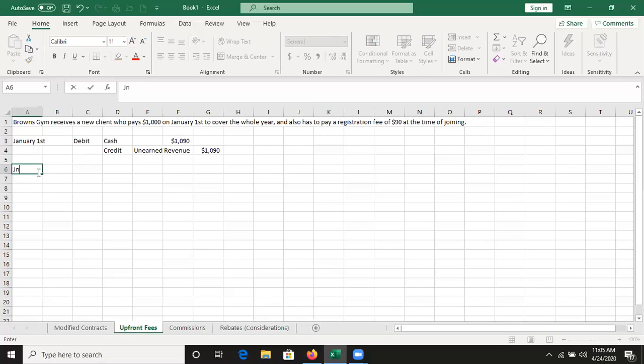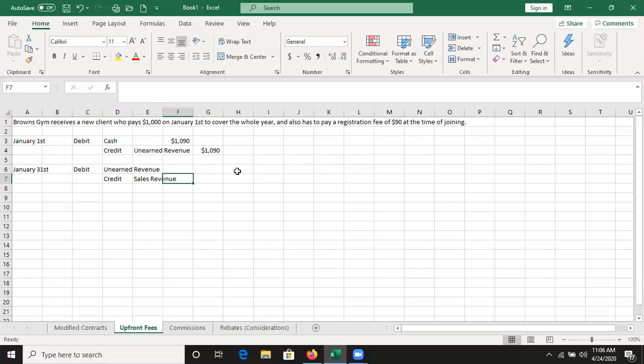Now January 31st, they have 31 days in January. On January 31st, once 1 month has gone by and you're adjusting entries to recognize revenue, you debit unearned revenue, and we're going to credit sales revenue. It might be more of a service, we'll say sales revenue. And we're only going to do it for 1 month.